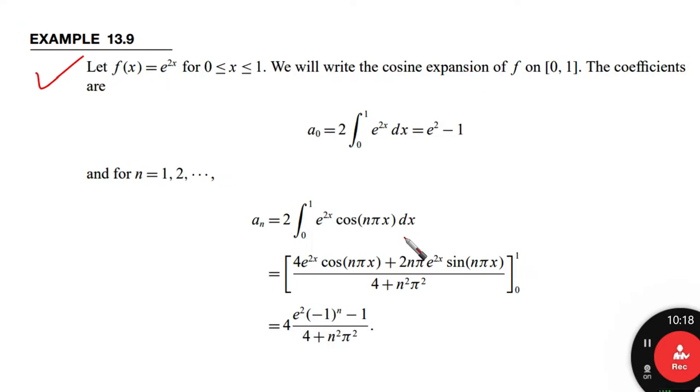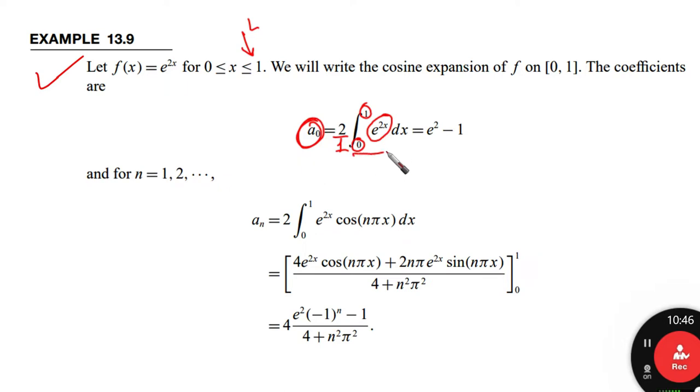So now let's apply this. a node is 2 over L, and L here is 1. So the integration from 0 to 1 of the function itself, e raised to the power 2x, is the first coefficient that we are going to have.